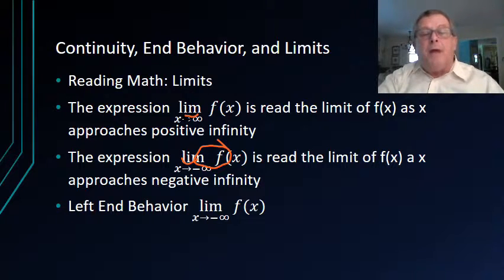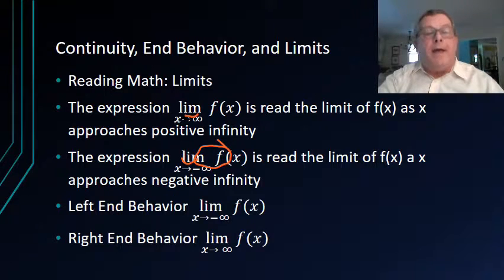So the left end behavior is going to be, obviously, as x is moving towards the left on the horizontal axis, towards negative infinity, what is f of x or y doing? And our right end behavior obviously is the opposite: as x is moving to the right down the horizontal axis, or moving towards infinity, what is f of x or y doing?